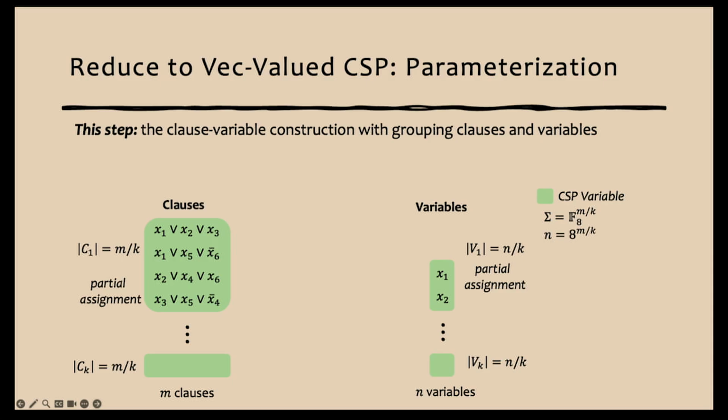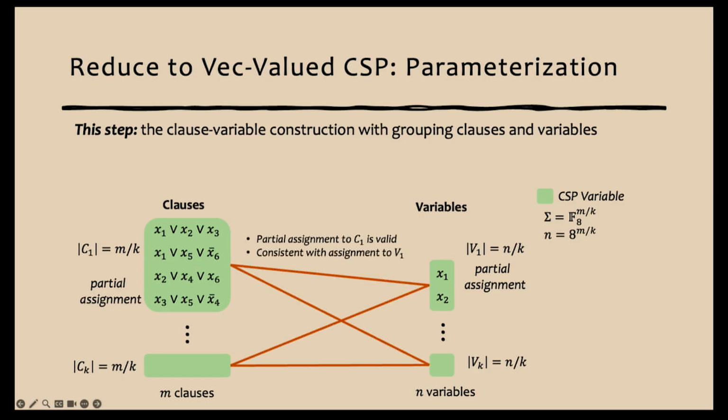We expect that a clause group will take a value that is a vector of dimension m over k, and a variable group will take a value that is a partial assignment, which is a vector of dimension n over k. We also set constraints between these groups. The constraints just say that the partial assignment to the clauses is valid, and that the partial assignment to the clauses is consistent with the partial assignment to the variables.